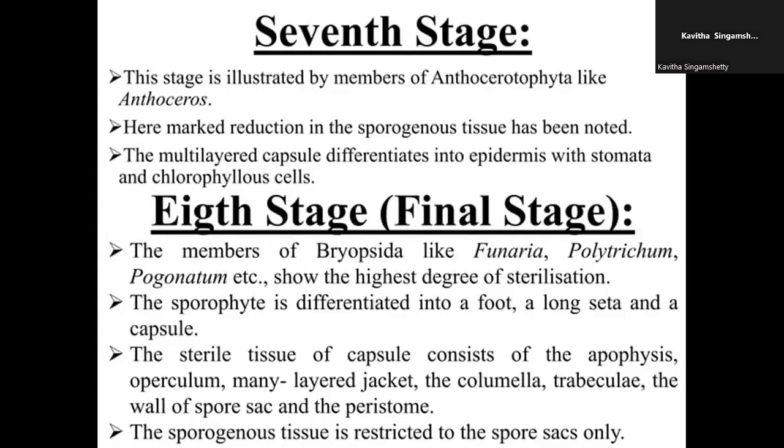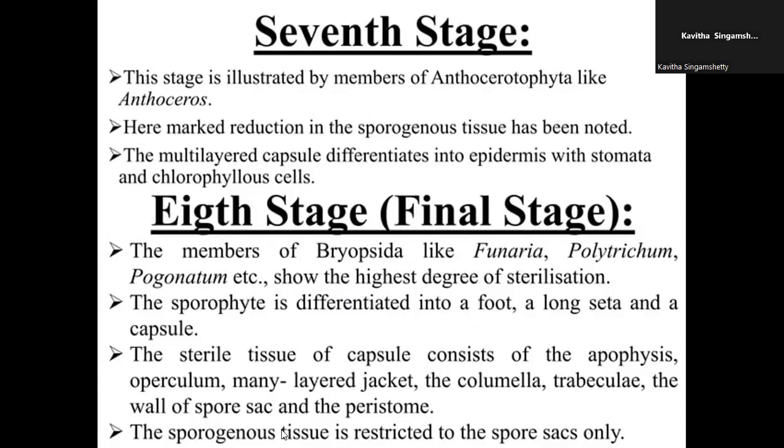Gradually, the sterilization increases with the increase in sterile tissue, like in Anthoceros, where the capsule is multi-layered. And lastly, in Funaria and Polytrichum, the eighth stage, more increase of the sterile tissue has been noted. So this is the progressive evolution of the sterile tissue, or this theory is called the theory of sterilization.